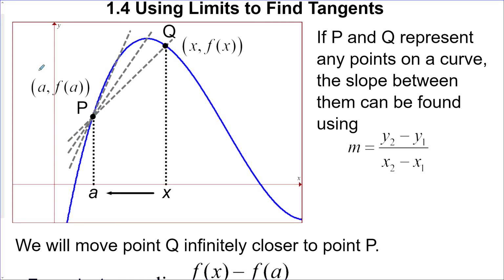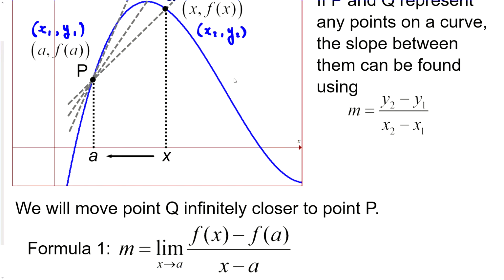Now we'll make this our first point, so A here, whatever our x value is at point A, that will be our x1. And the function at A, that will be y1. And this point here that's getting closer and closer to P, this will be x2, y2.